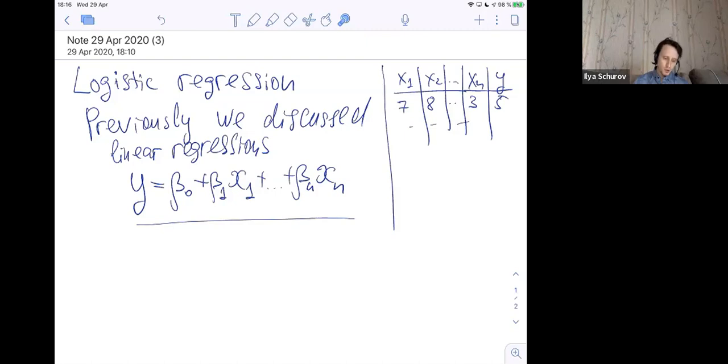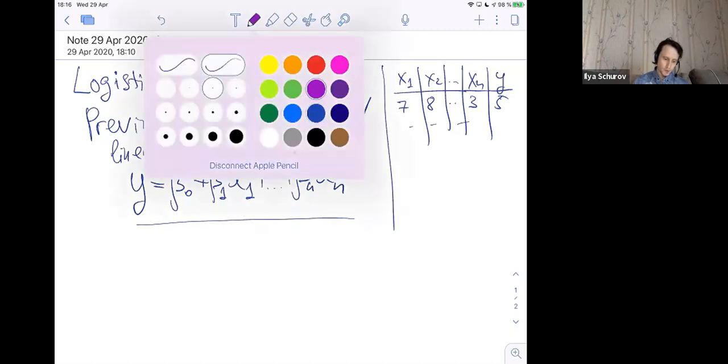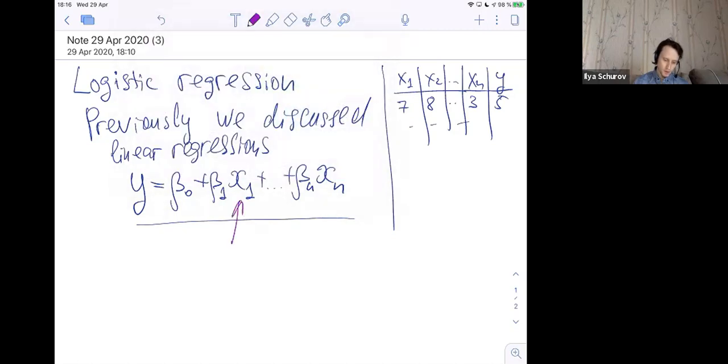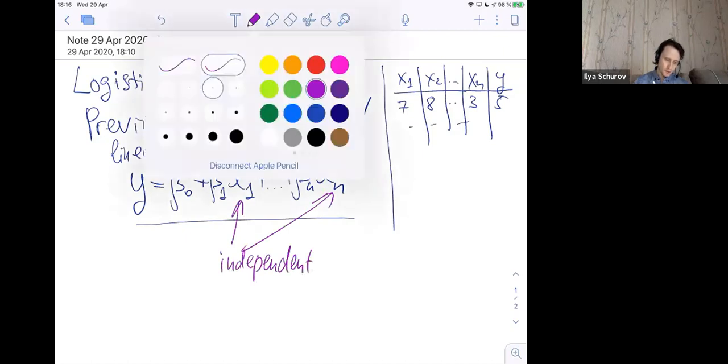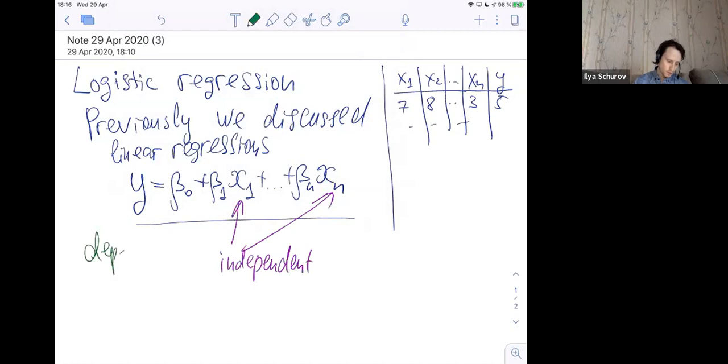But this was a discussion about these variables, independent variables. So let me recall that we call these variables independent, and this variable is dependent.